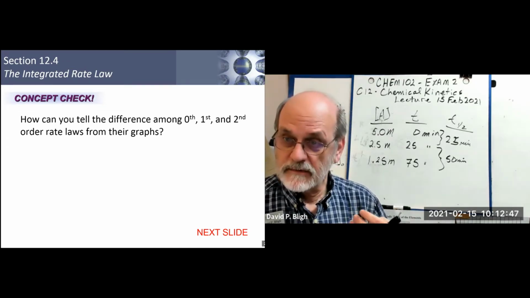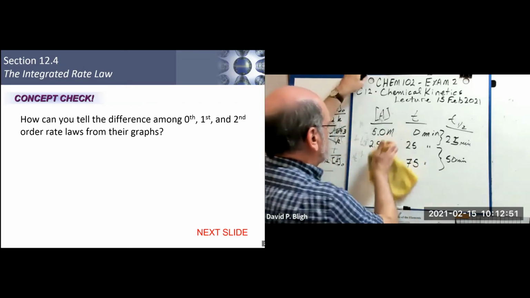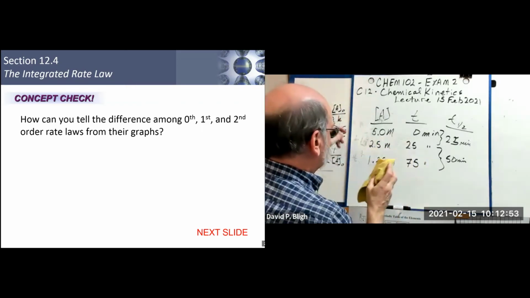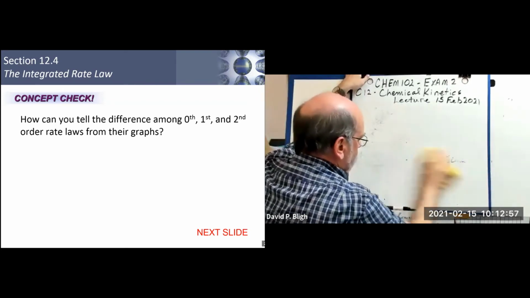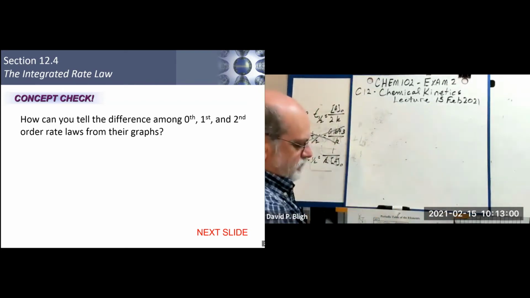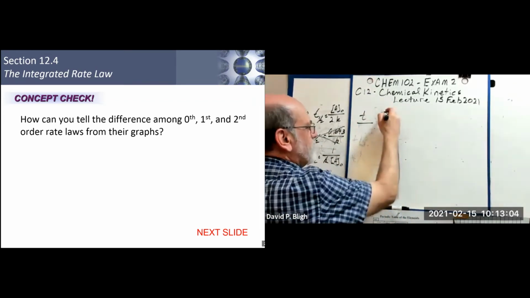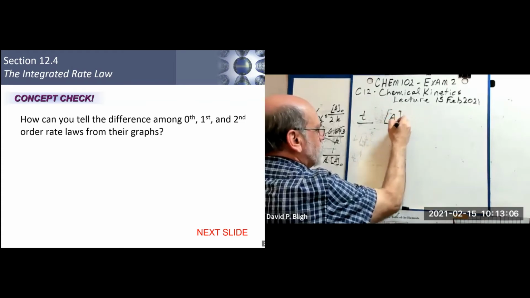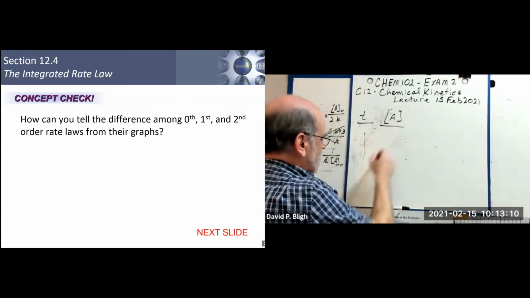You plot, you do the transformations, right? Let's change this around. You have time, right? Then you have your raw concentrations of A, like that.